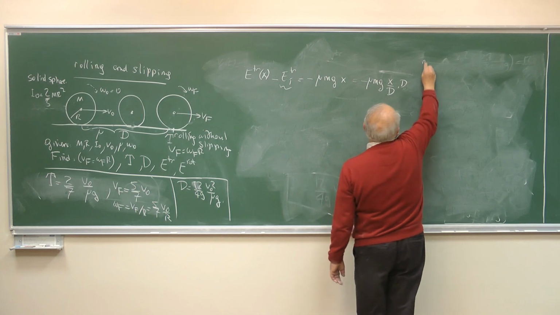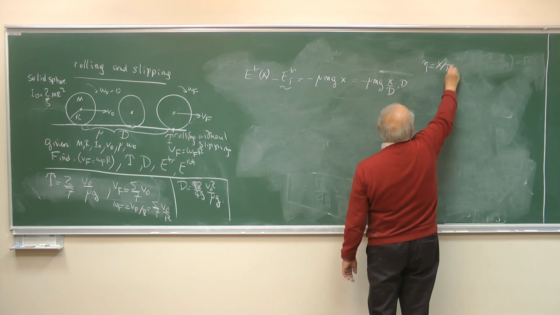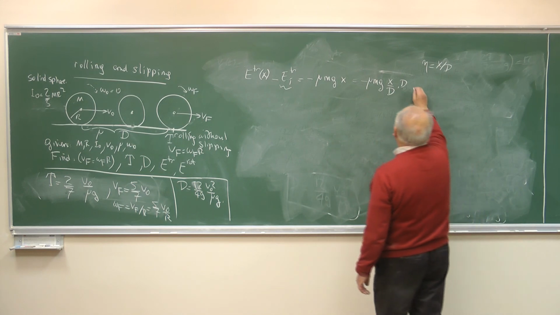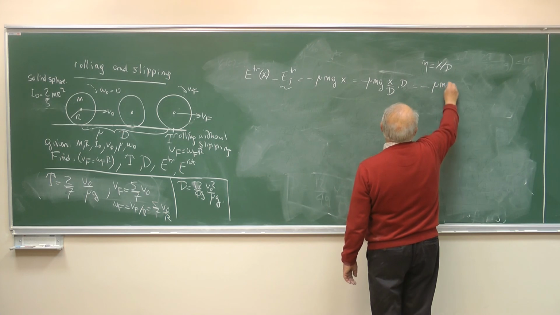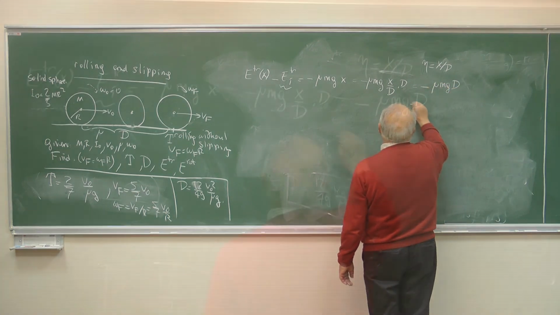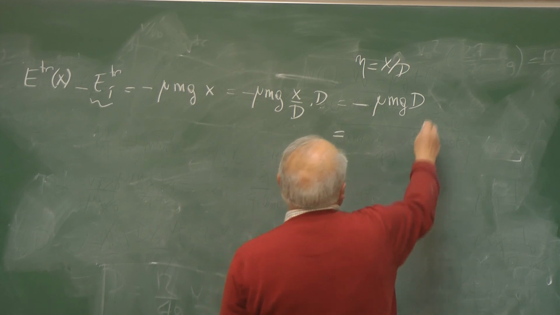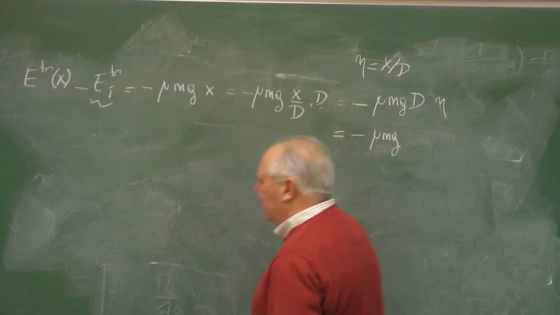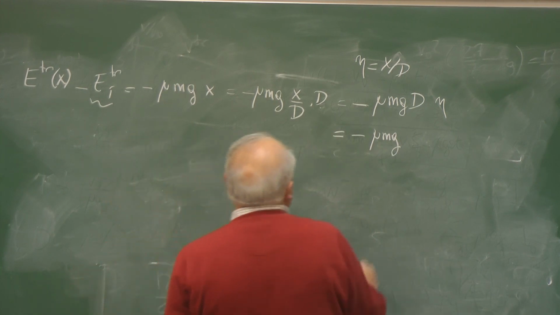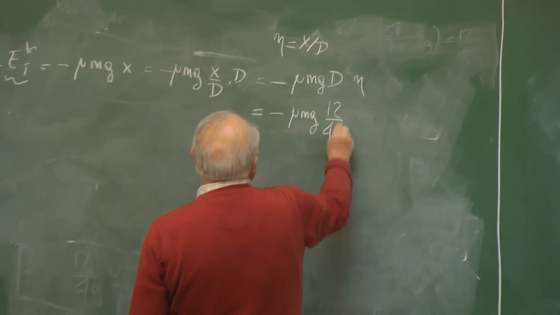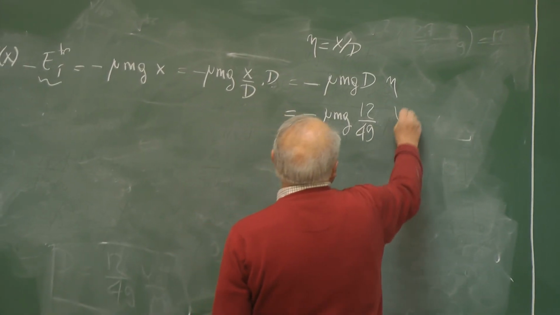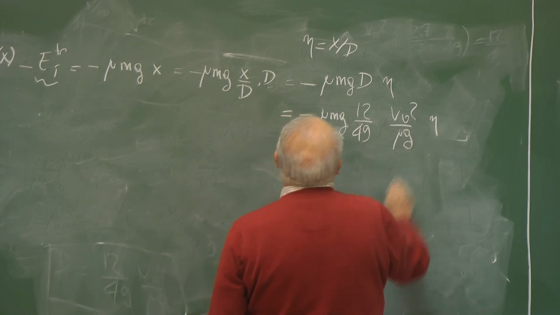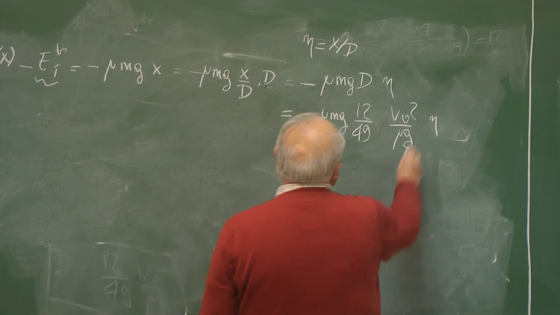Let's call eta equal to x over d. So eta varies between 0 and 1. So it is minus mu mgd times eta, minus mu mg. D we found, that's 12 over 49 v0 square over mu g eta. So mu g cancels.